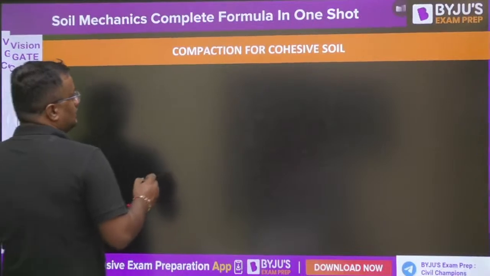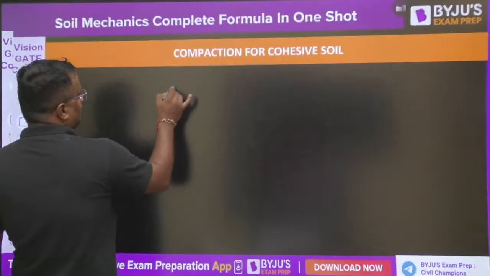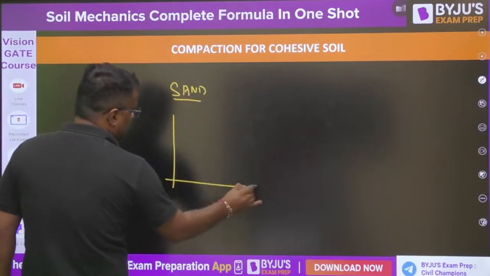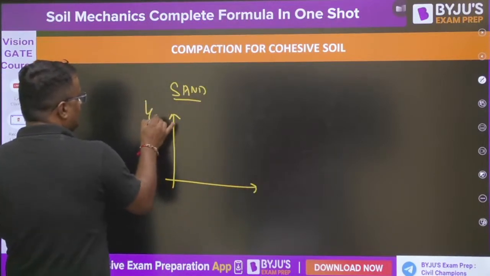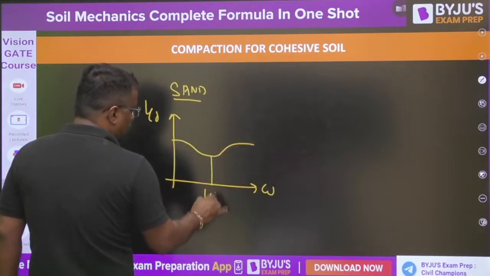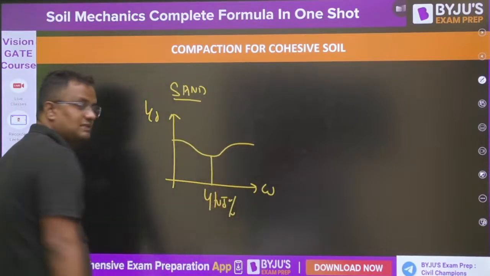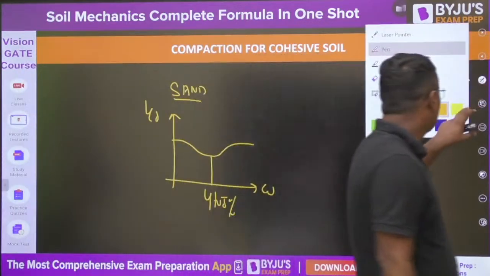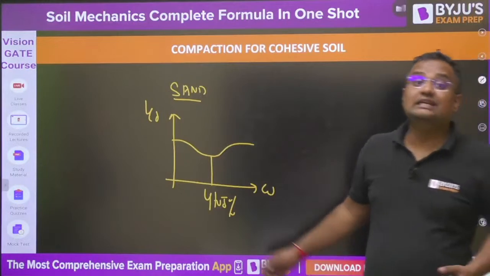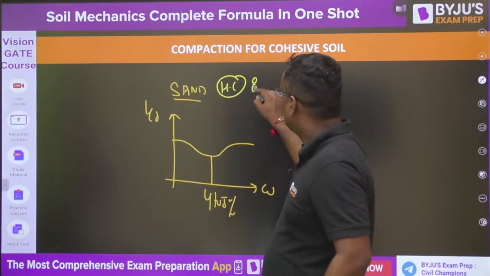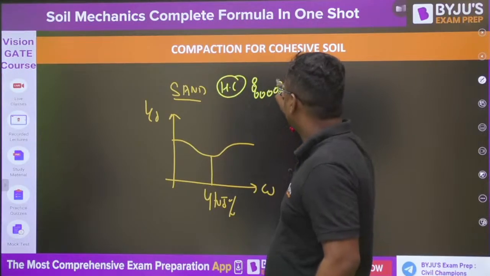Now for sand, although this is a formula session, let me tell you, if I make a graph of gamma D against water content, it looks like this: at 4 to 5% water content, density is minimum. What happens in sand at 4 to 5% is that a honeycomb structure is formed, where bulging takes place.